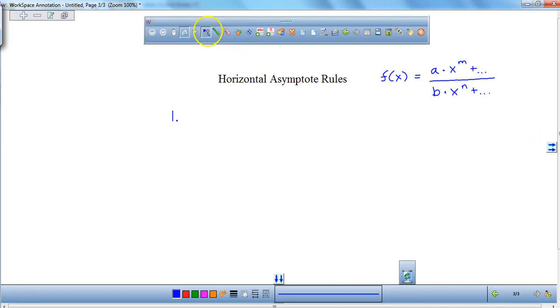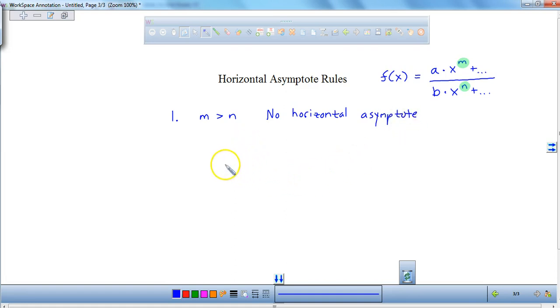So basically all I'm worried about is what this power is and what this power is. That's all I'm worried about. So there's 3 rules. If m is greater than n, then there's going to be no horizontal asymptote.